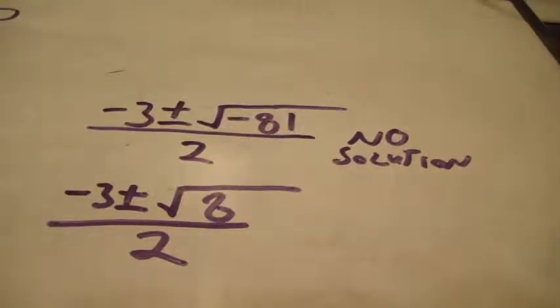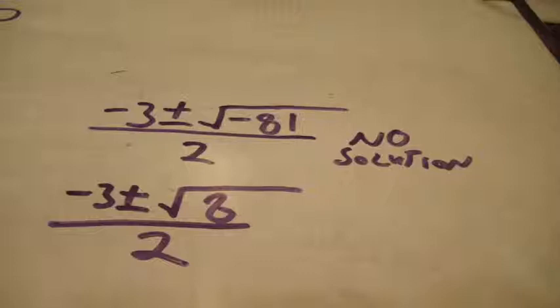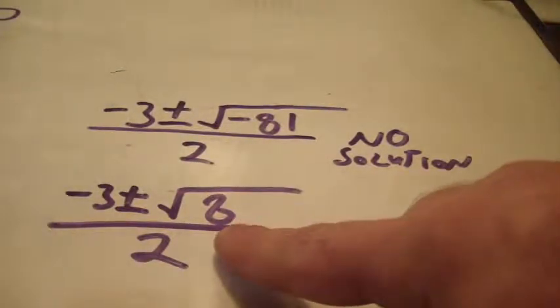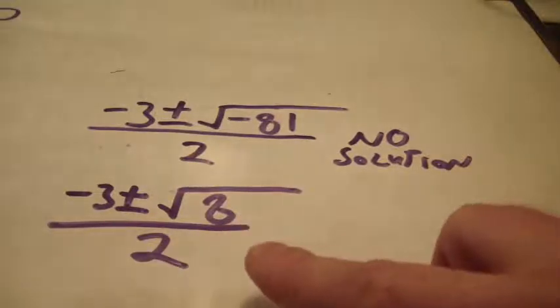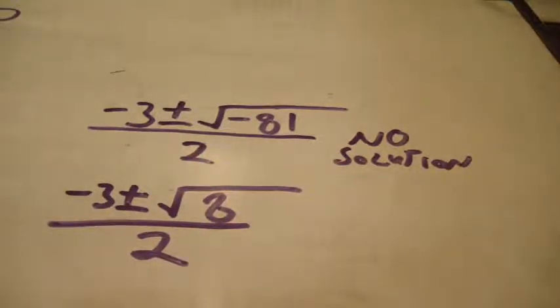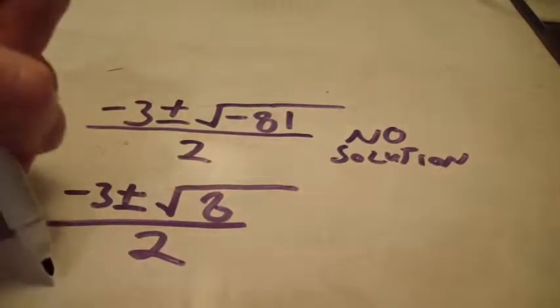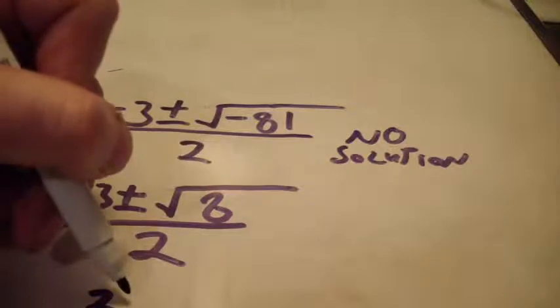So what you need to do in this case is take out a square, because there's a square left in that 8. Because 2 times 2 is 4, right? Which leaves a 2 left over. So you've got to simply take out the root.